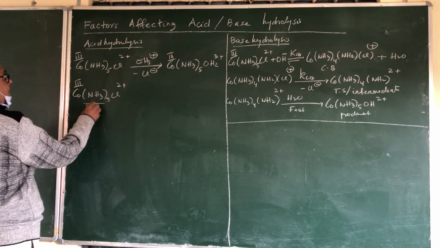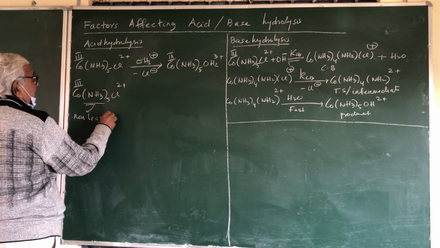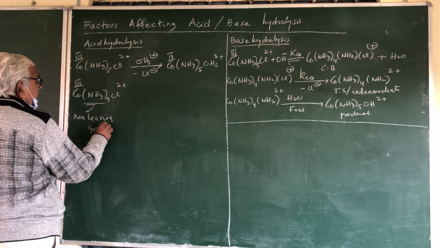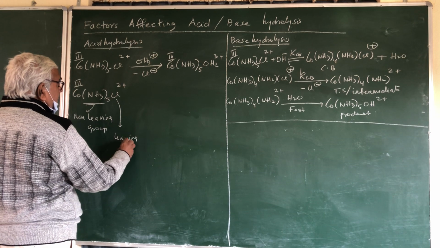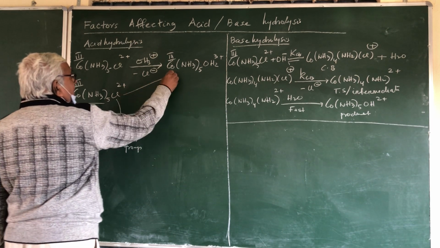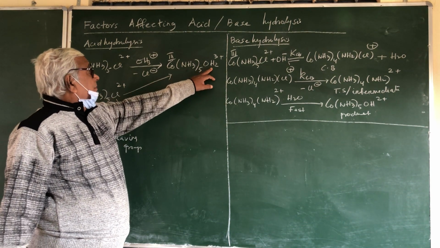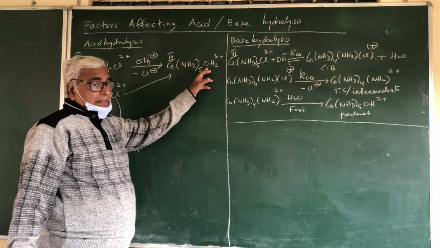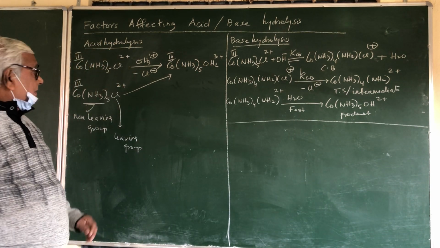These ammonias are non-leaving groups, and chloride is the leaving group. Here, if you look at the product, the non-leaving group is retained, but the leaving group is lost, and another nucleophile, water, has entered, resulting in the formation of the product.